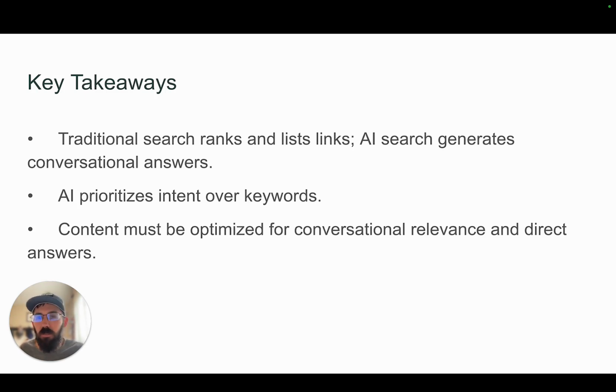So just things to be aware of as you are working on marketing, looking at SEO, looking at search, and as AI continues to develop and search engines continue to integrate AI into traditional search, these are things to be aware of.